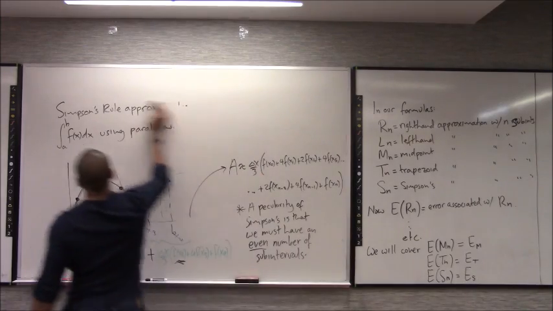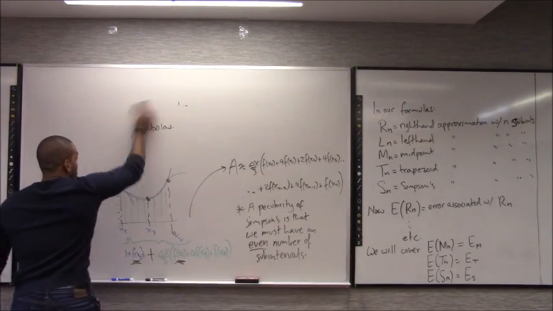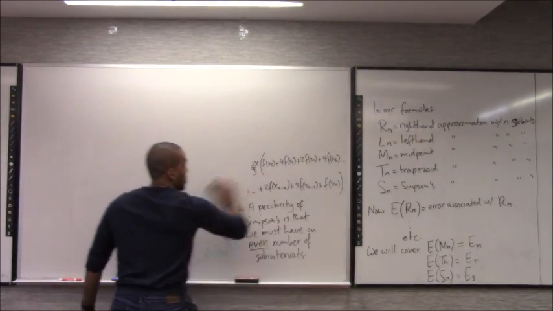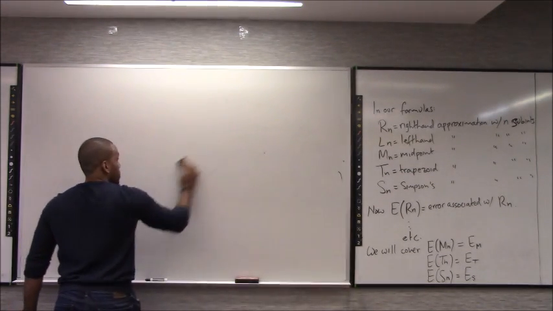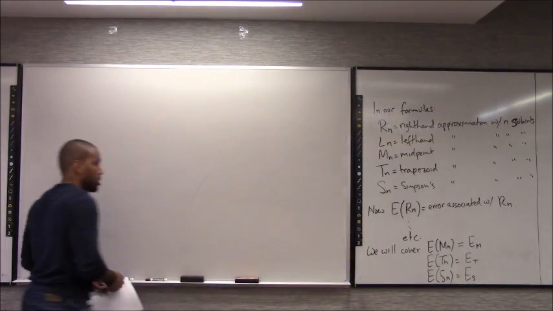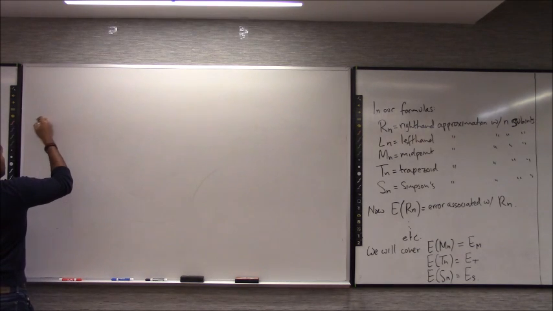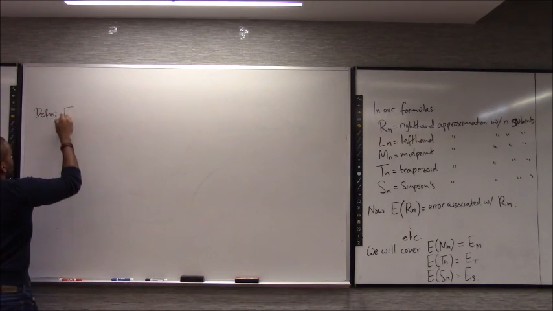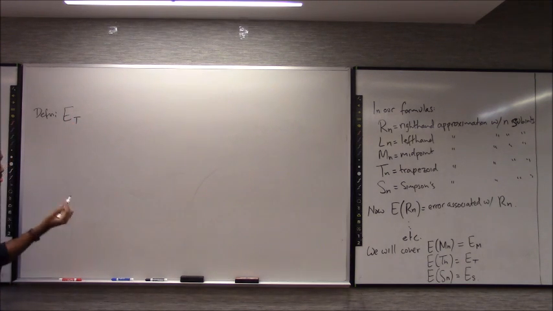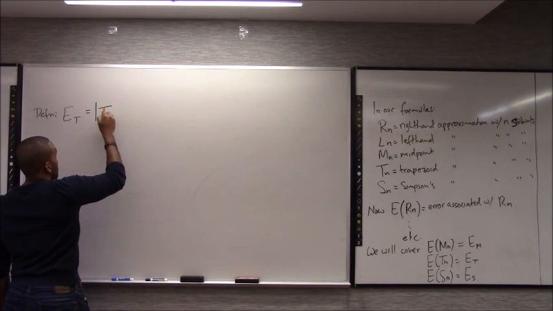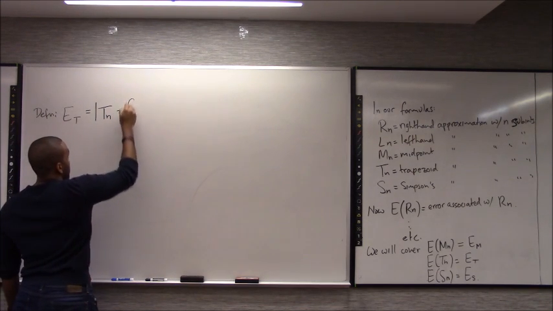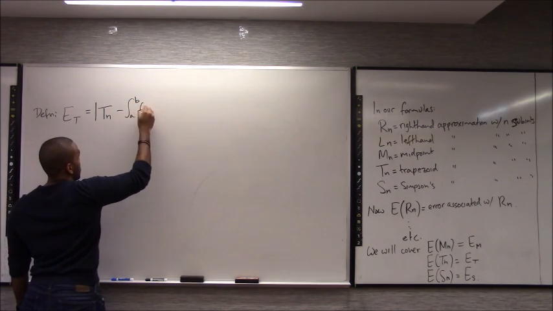So now, E sub t, let's say, is defined to be the difference between the Tn approximation and the actual area under the curve.